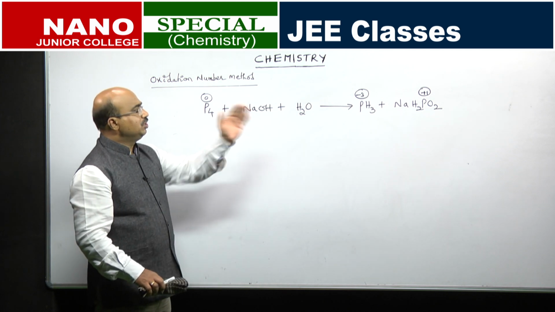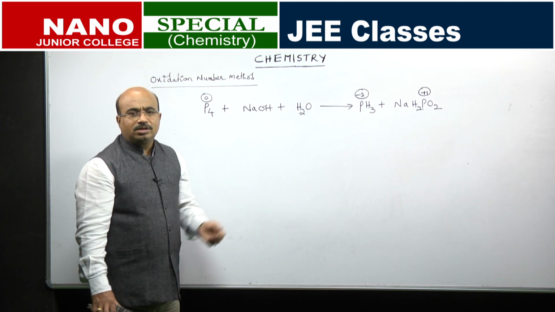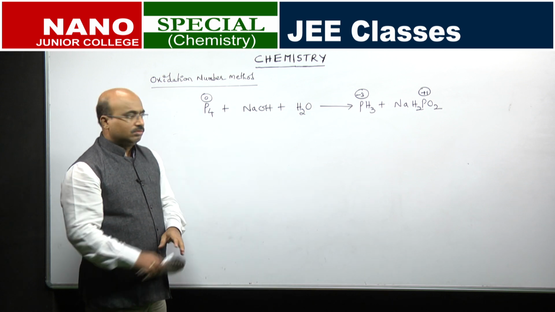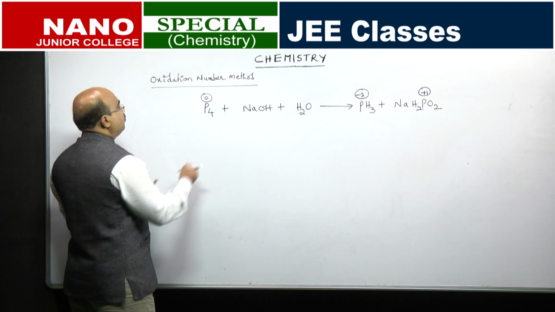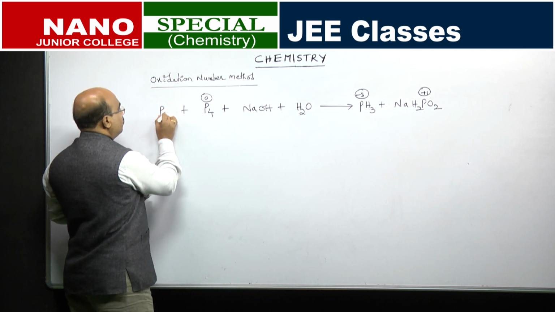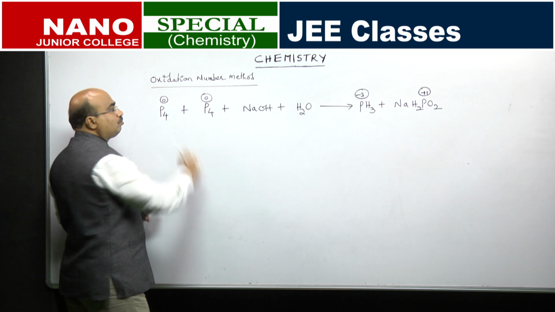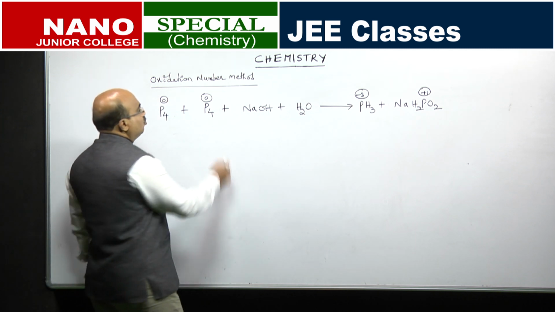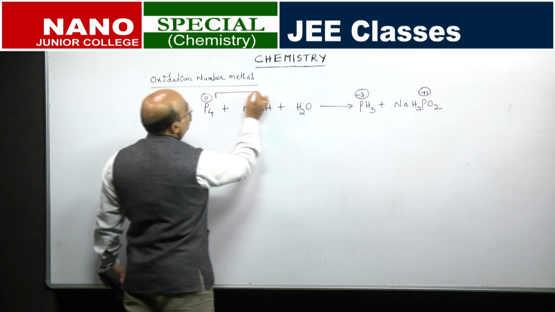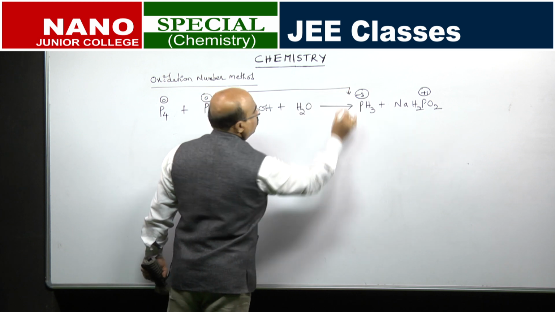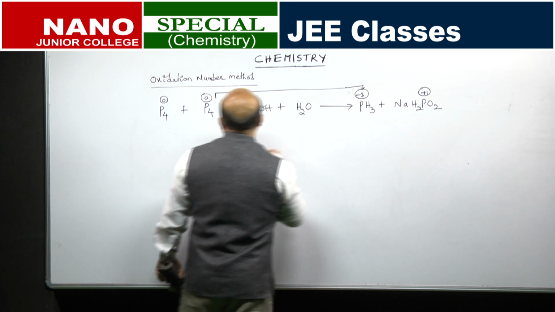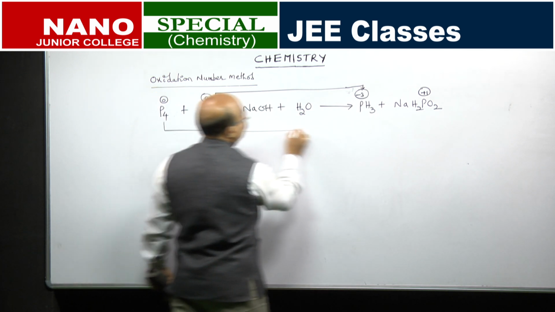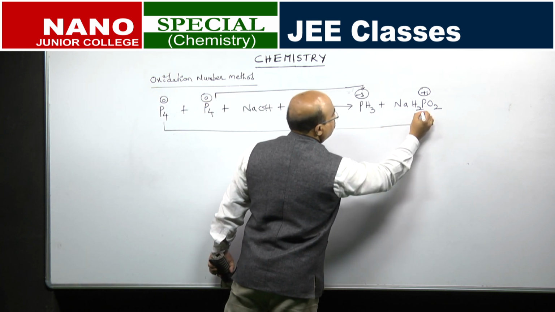So, again, the disproportionation reaction which we did in the ion electron method, we consider once again. Now, let us consider similarly here once again. P4 is 0. Assume this P4 is going from 0 to -3, and this P4 is going from 0 to +1.